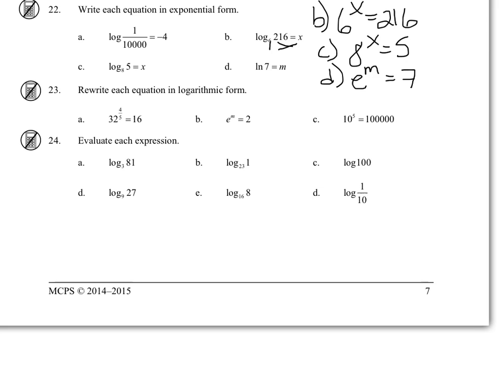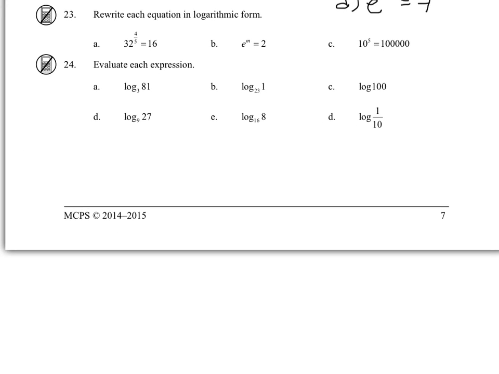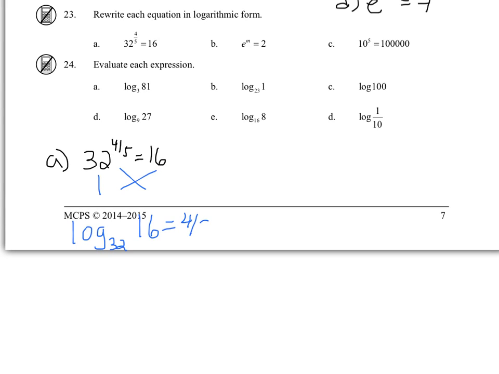We can use the same thing for 23. So for example, for a, the exponential expression has to be on the left, so now that gives us log base 32 of 16 equals 4/5.